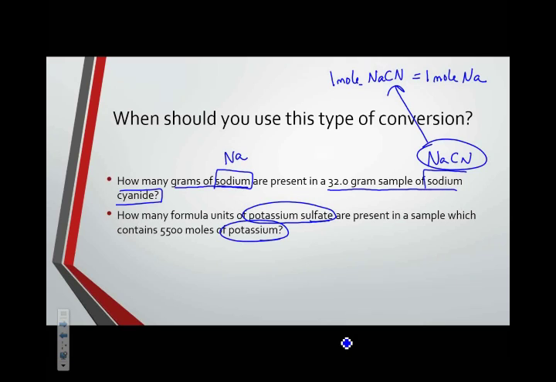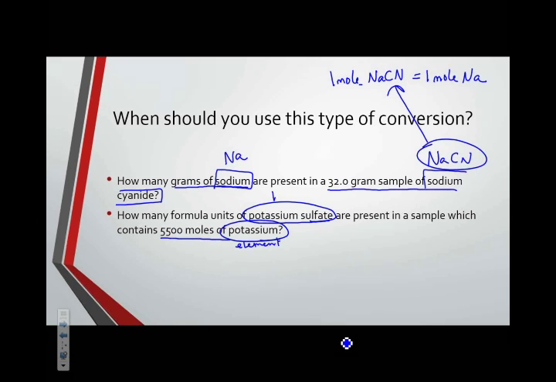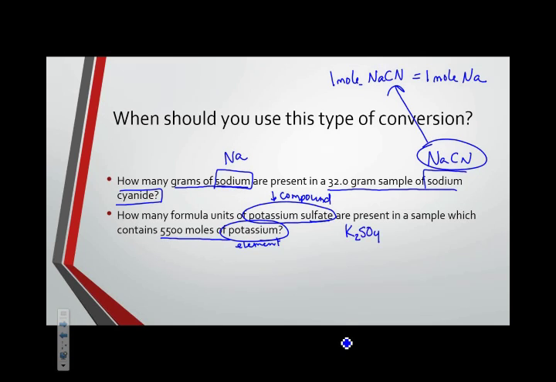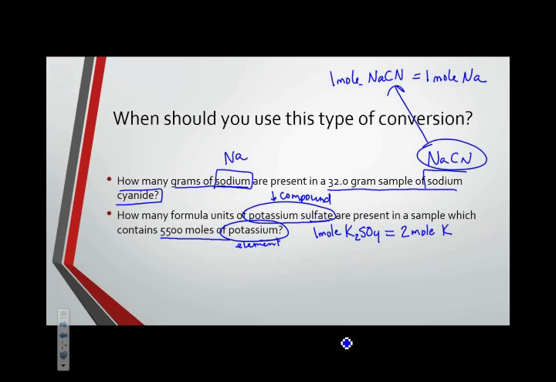And so that tells me if I'm starting here with my element, and I'm eventually going to need to get to the compound that the element is a part of, then I'm going to need to know the formula of potassium sulfate, which is this, and to recognize that if I have one K2SO4, I have two Ks. So I have 2 moles of potassium.